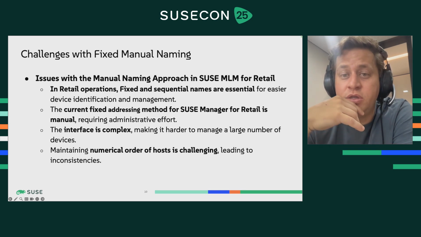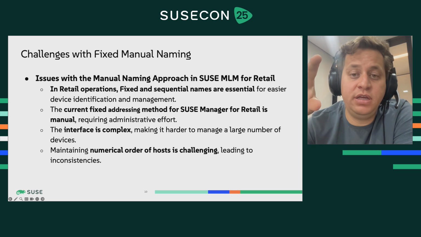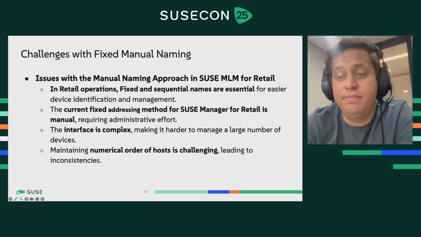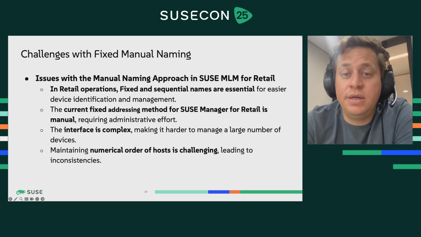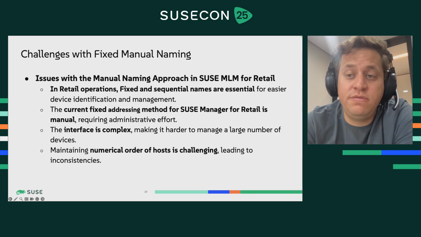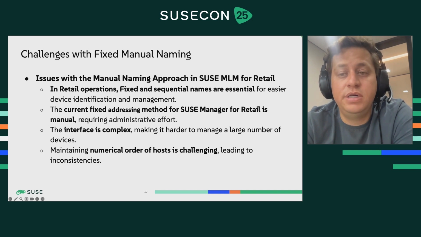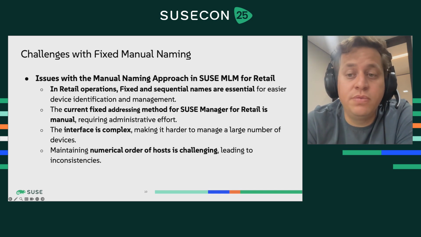Okay, so frequently in retail environments, we have to use a fixed and sequential name for the POS. It's easier for device identification and also to identify the location of each device. And the current method in SUSE Manager is to use fixed addresses, but it's totally manual.